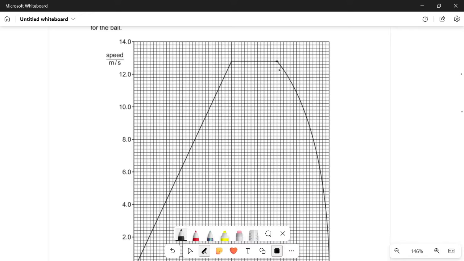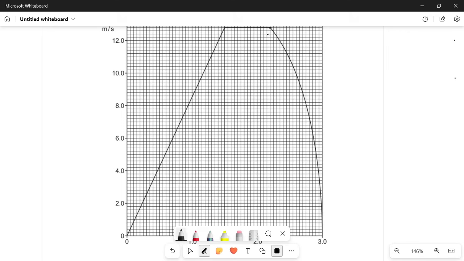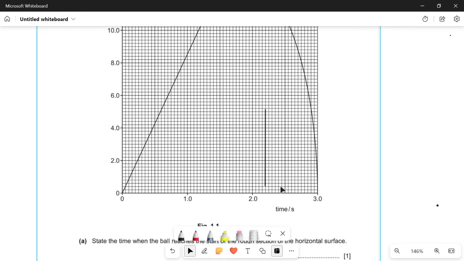So now we just have to find the time. So we can go down to the x-axis. Sorry about the wacky line. So the time is going to be around here.